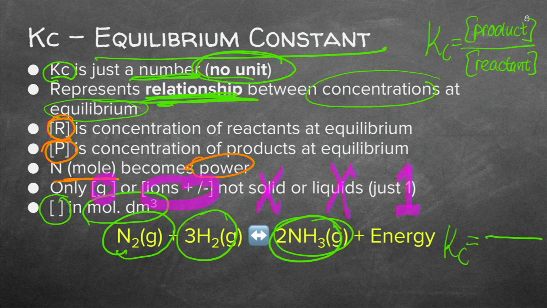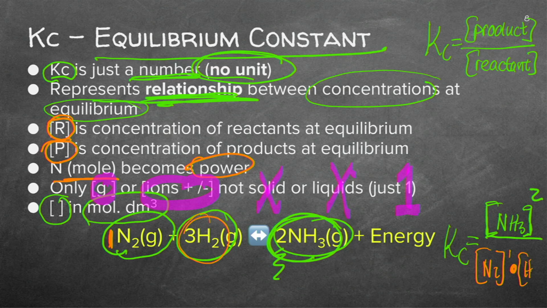The product is ammonia, and it's the concentration. The moles is 2, so it becomes the power. And the reactants was the nitrogen, and you see it's 1 there, so it's to the power of 1, which you can exclude, times the hydrogen, and the hydrogen concentration has got 3 moles.